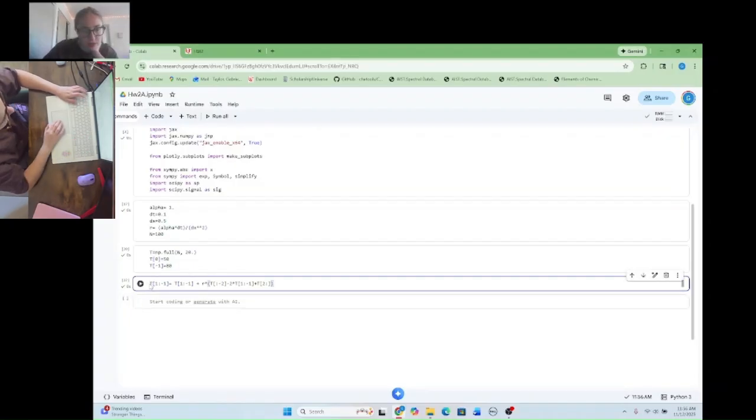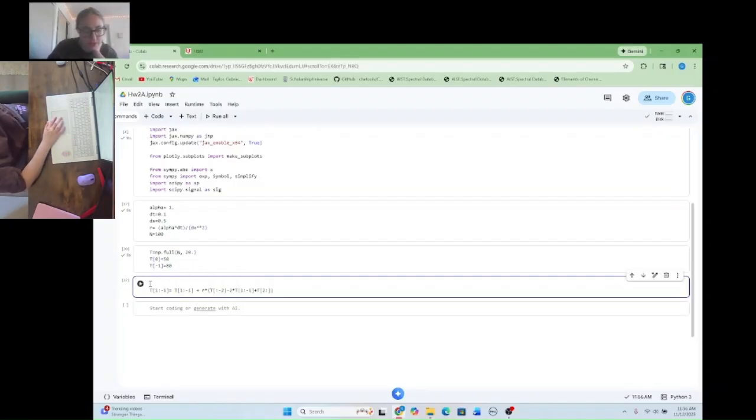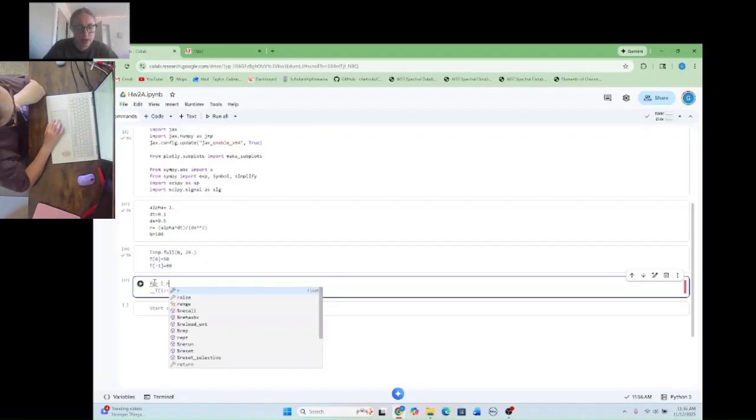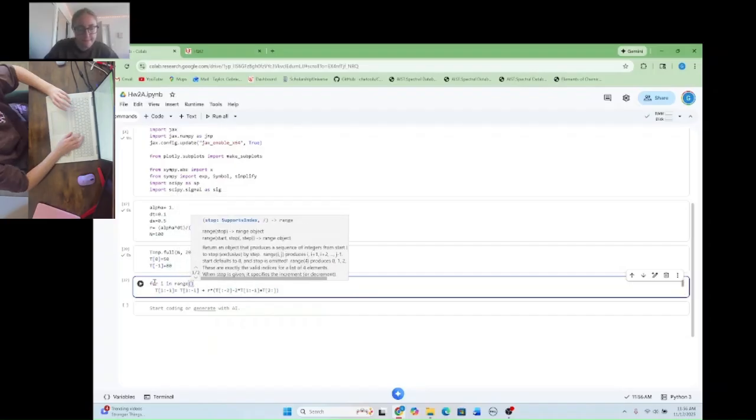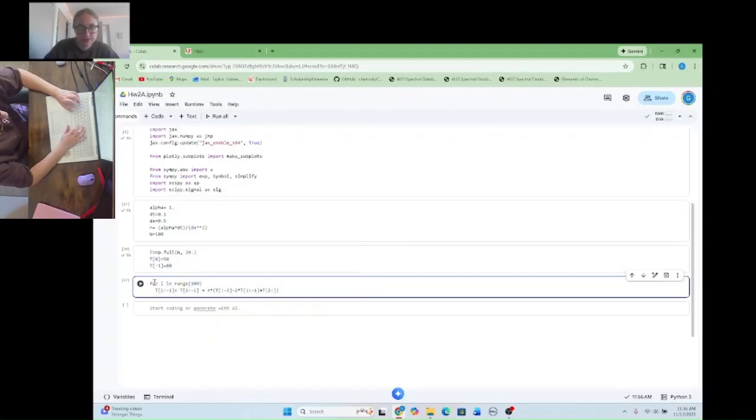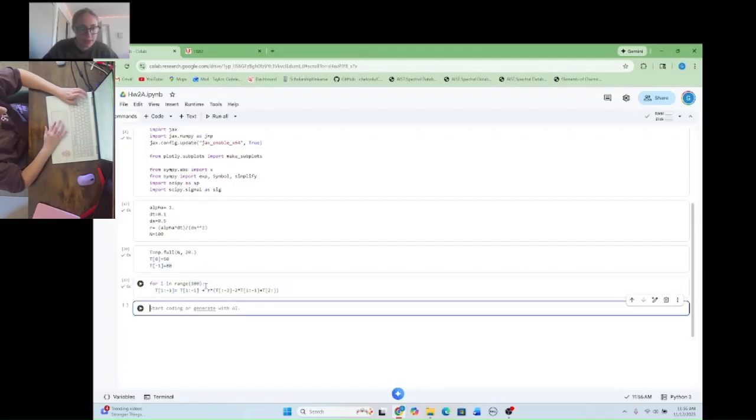So we want this to be a time graph, right? So this is going to be due to some time. So let's do a for loop: for i in range, let's do 100. And then you have that, right?